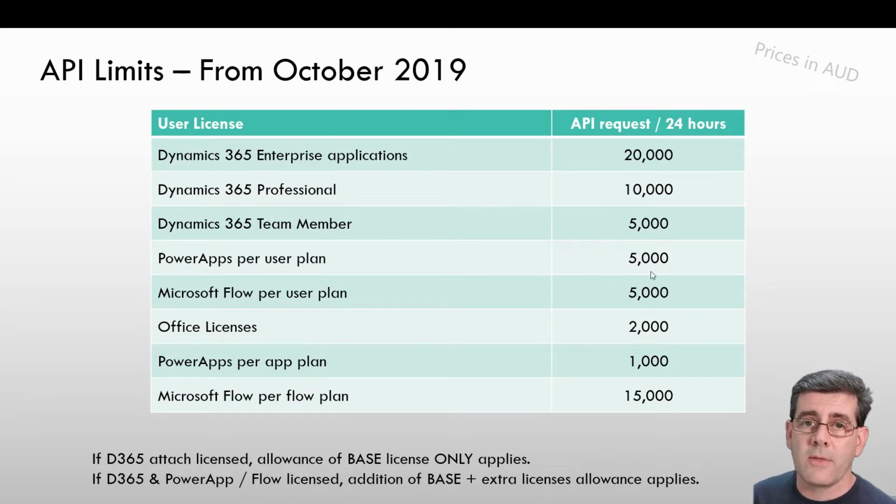So you would get 25,000 API calls. And if you've got the attached license, as I said, you've only got access to the base amount. You can actually buy more, which we'll have a look at in a moment.